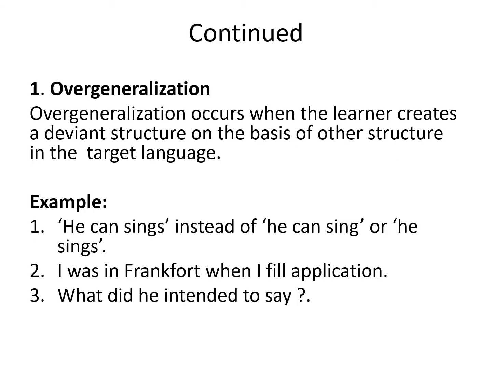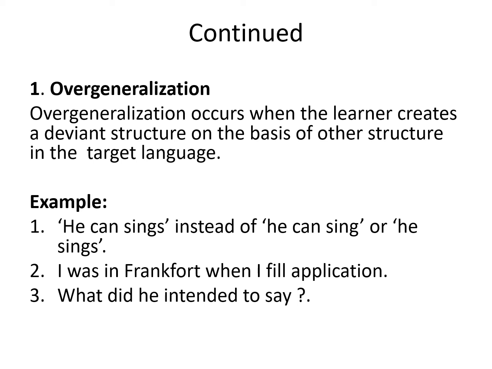So in intralingual errors, we can see overgeneralization. It means a learner has learned a rule and uses that learned rule in a different context or in a wrong way. For example, see the usage of can with a singular noun: he can sings instead of he can sing or he sings.